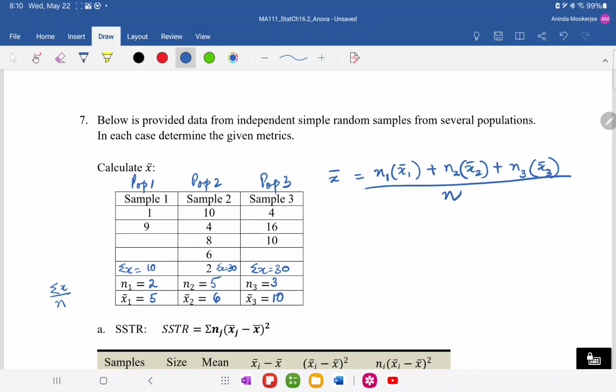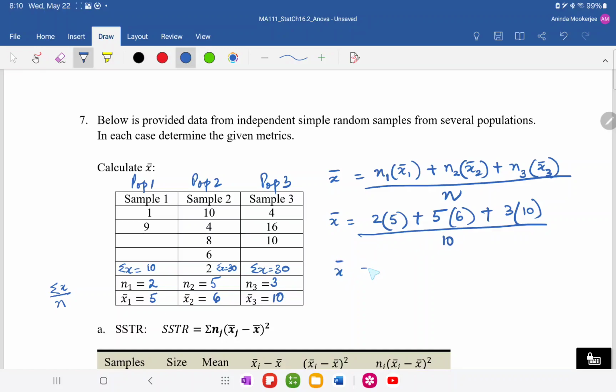When you do n sub 1 times x bar sub 1, it should give you these values: 10, 30, and 30. Let's do that here. We have n sub 1 is 2 times x bar sub 1 is 5, plus 5 times 6, plus 3 times 10, divided by the total sample size n, which is 2 plus 5 plus 3, which is 10.